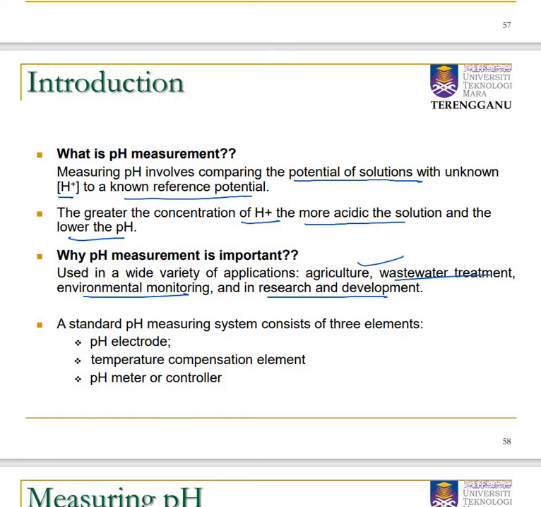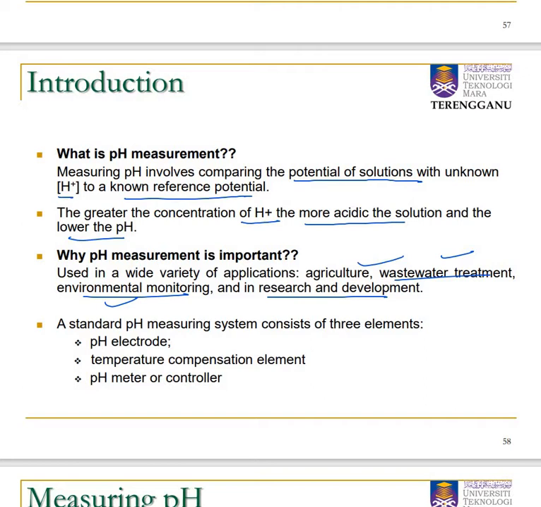Basically, for us in chemical engineering, we will mostly deal with pH in wastewater treatment and environmental monitoring, because in order to control the effluent coming out from the plant, we need to control the pH of the fluid coming out from our plant, so that our unwanted waste is not harmful to the nearby residential area or nearby ecosystem.